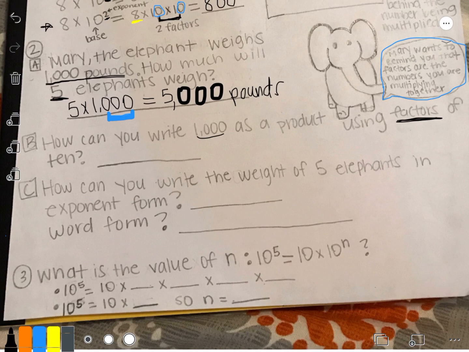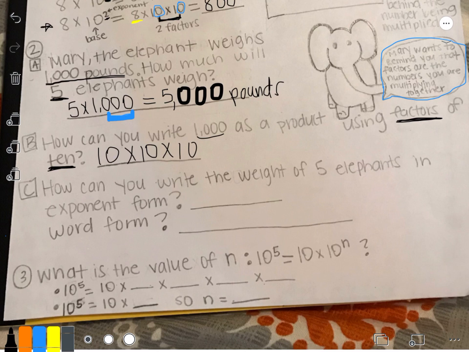Well, we want to write 1,000 as a product using factors. So how many tens do you need to multiply together to make 1,000? This is basically what this question is asking you. Well, if you remember our zero trick, how many zeros are in 1,000? 3.